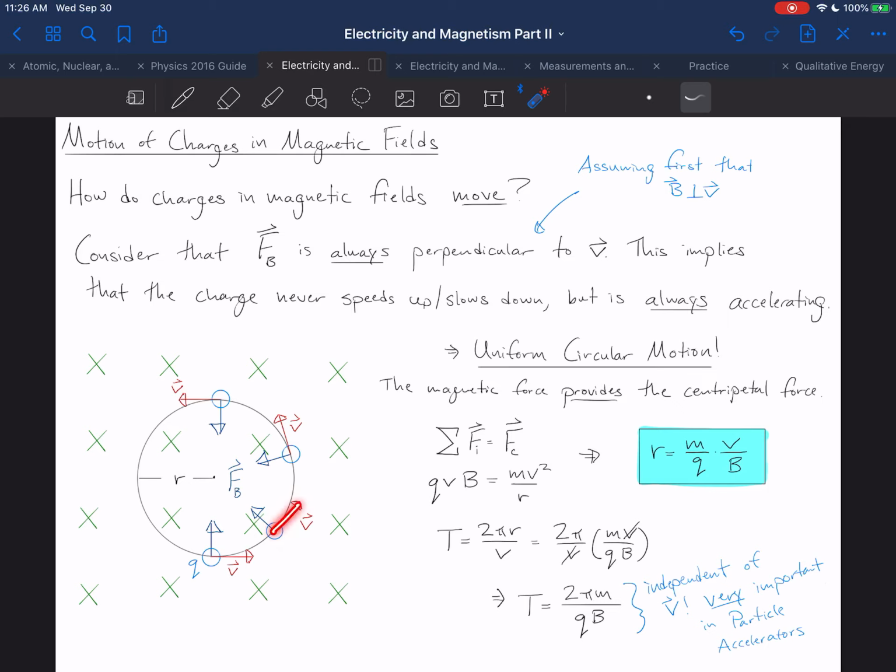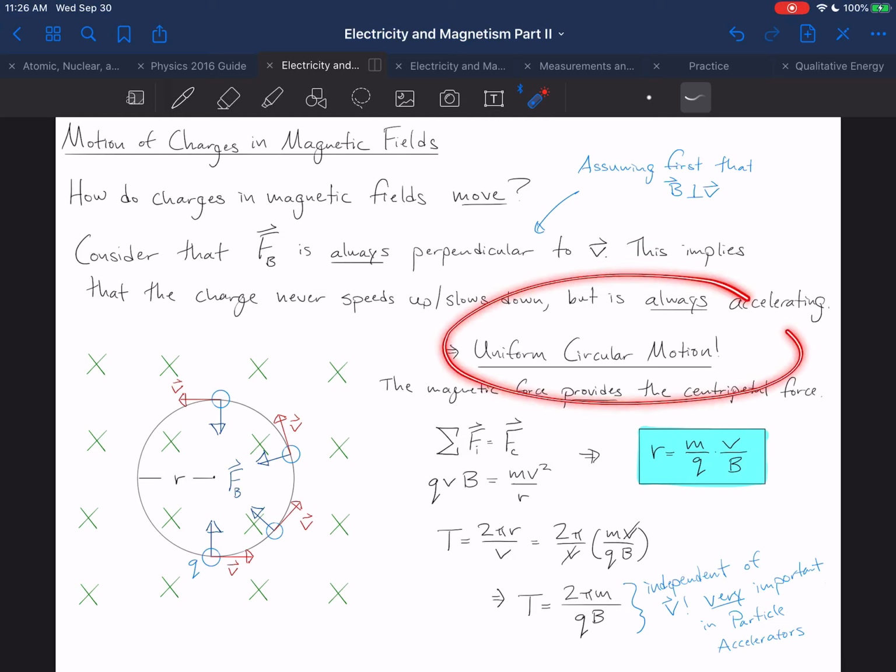If you put your thumb in the direction of the velocity of the charge and your index finger points in the direction of the magnetic field, then you get a new direction for the force, like so. As you continue all the way around, you come to the conclusion that the charge, which is never speeding up, never slowing down, always accelerating, with a magnetic force that is always perpendicular to its velocity at any point, gives one particular type of motion that we've seen before.